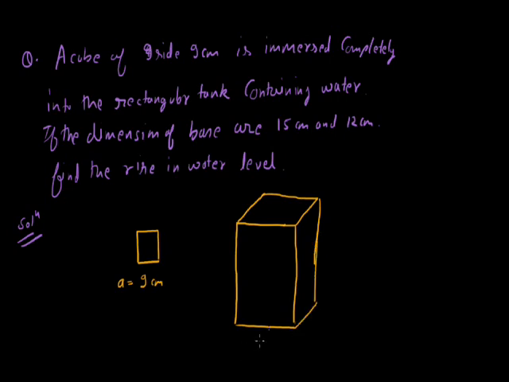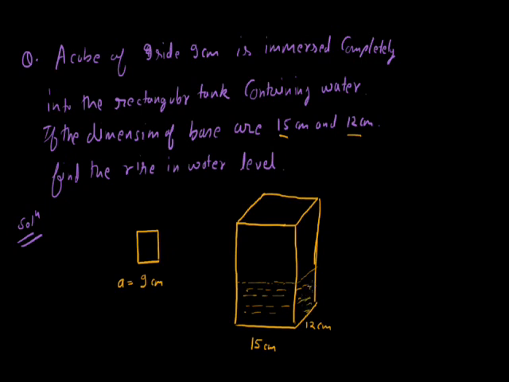This is a cuboid, and the dimensions of the base are given to us, that is 15 centimeter and 12 centimeter. So its length is 15 centimeter and the breadth is 12 centimeter. Now there is some water in it. Let's say up to this height there is water inside it.